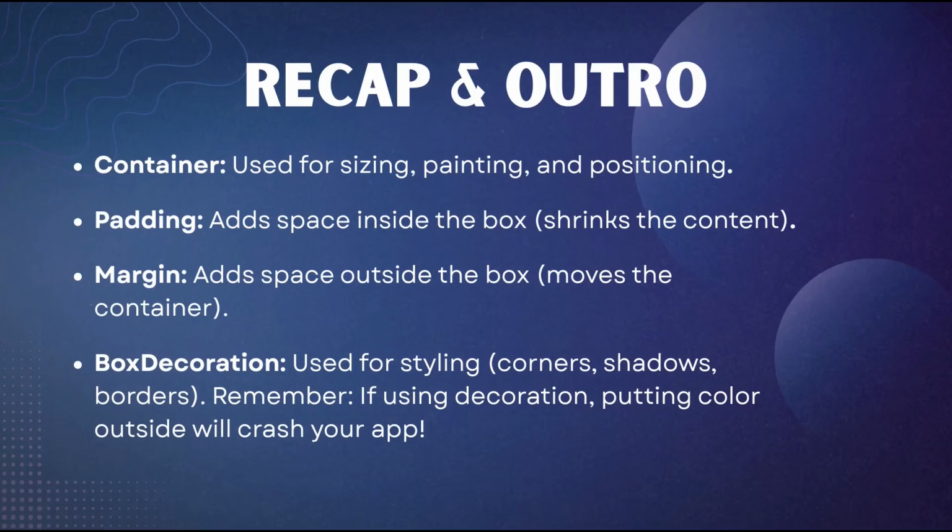Box decoration, you use it for styling. You can have corners, shadows, borders, and colors. The most important thing to remember is that if you're using a decoration, then all the decorative properties such as color will have to be inside box decoration. If it's outside your box decoration, your app will crash.